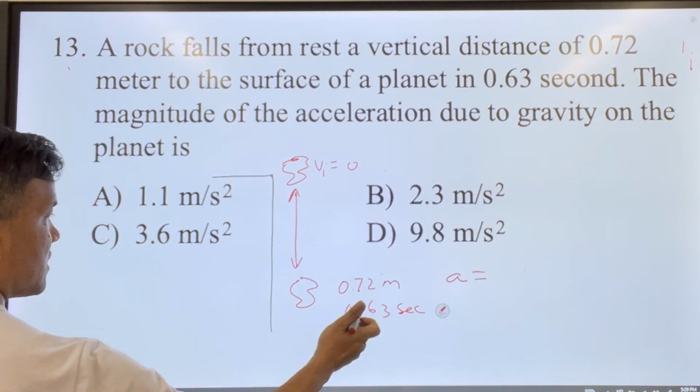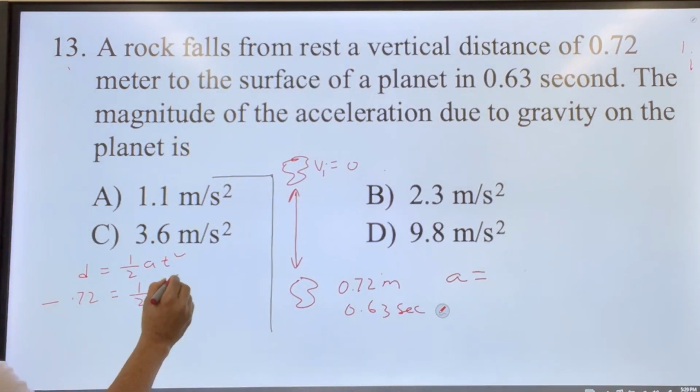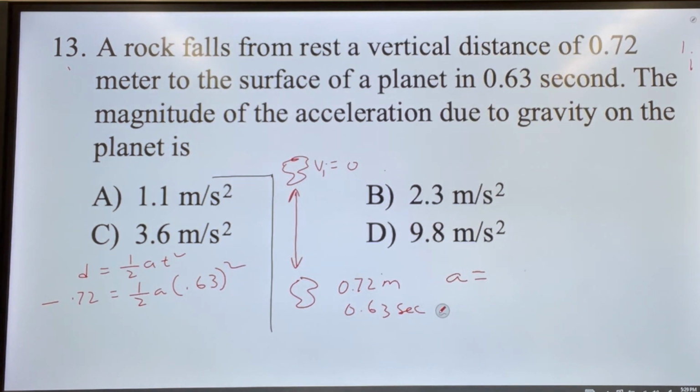If it was Earth, then it would have fallen much more than 0.72. So d is equal to half a t squared, right? Now d is negative 0.72, equal to half a times 0.63 squared. So 0.63 squared times 0.5 is 0.19845, so negative 0.72 is equal to 0.19845 a.